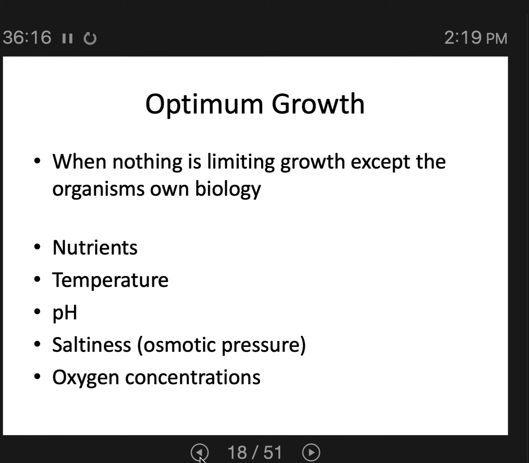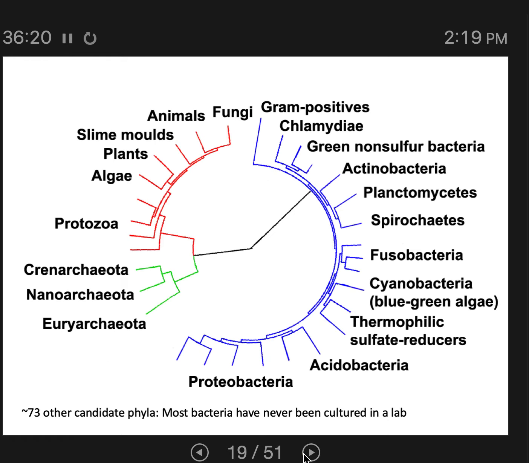DNA technology tells us there are far more bacteria in the world than we are able to study in the lab. Here is a tree of life, and in blue you have bacteria. There are 12 bacterial phyla here in blue.